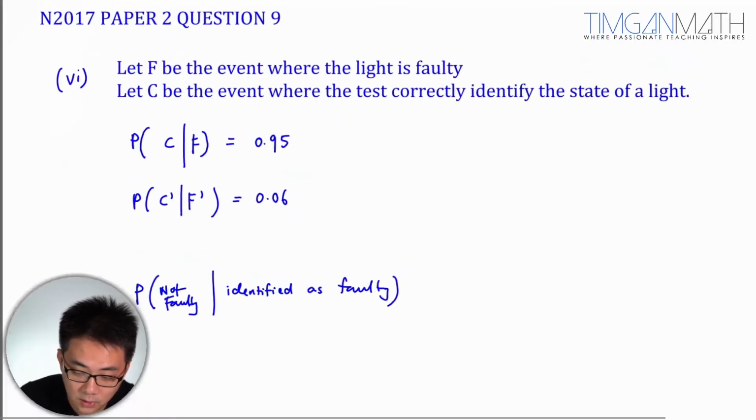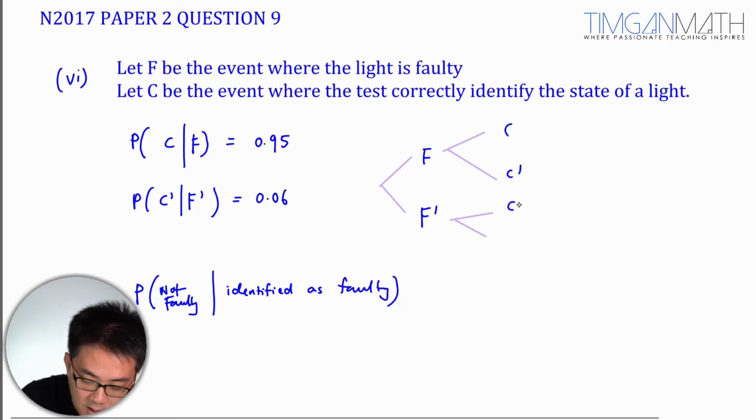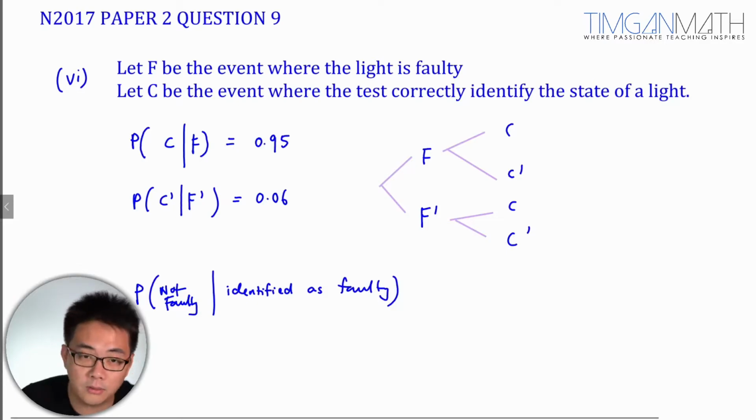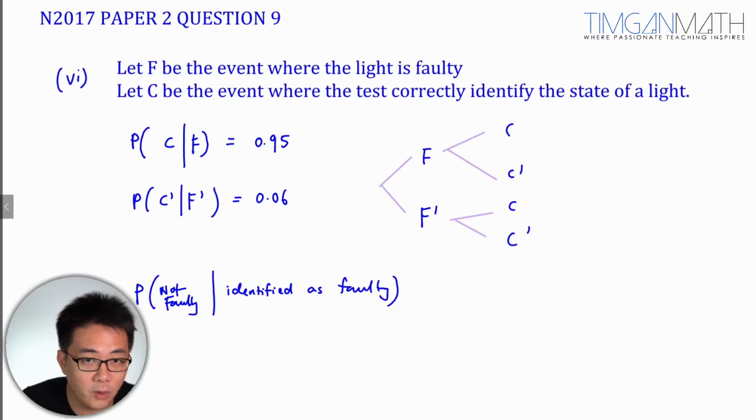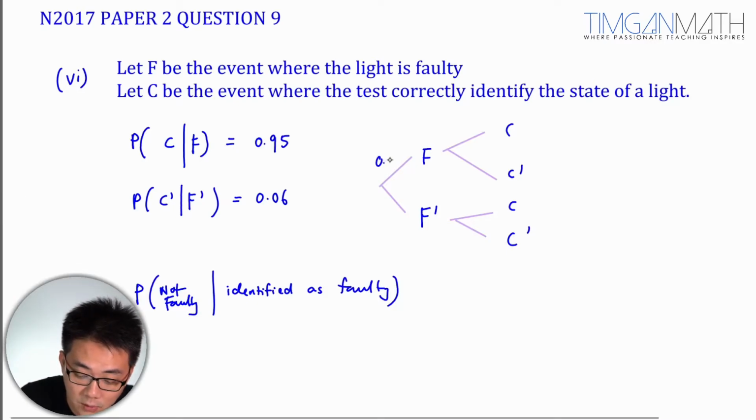So we're gonna try and draw a tree diagram out. I think this tree diagram should be quite quick to draw. F has to come first, then F prime, then C and C prime. Faulty, on average, is 8%, so 0.08.